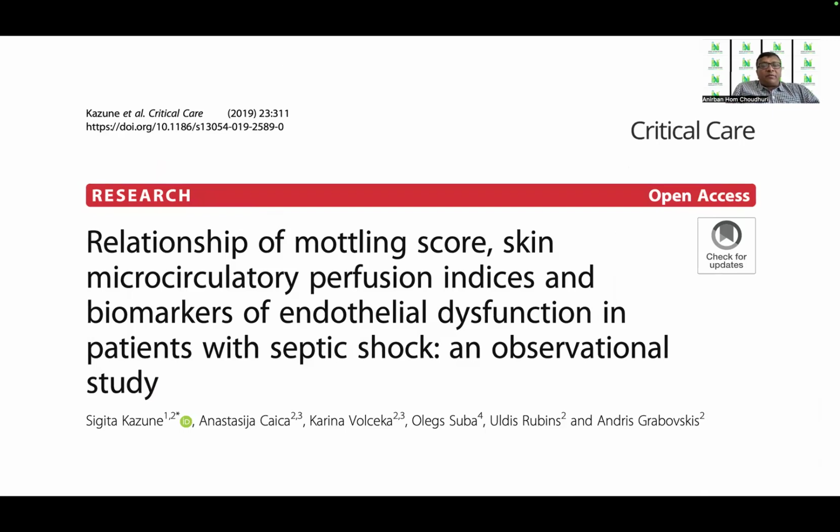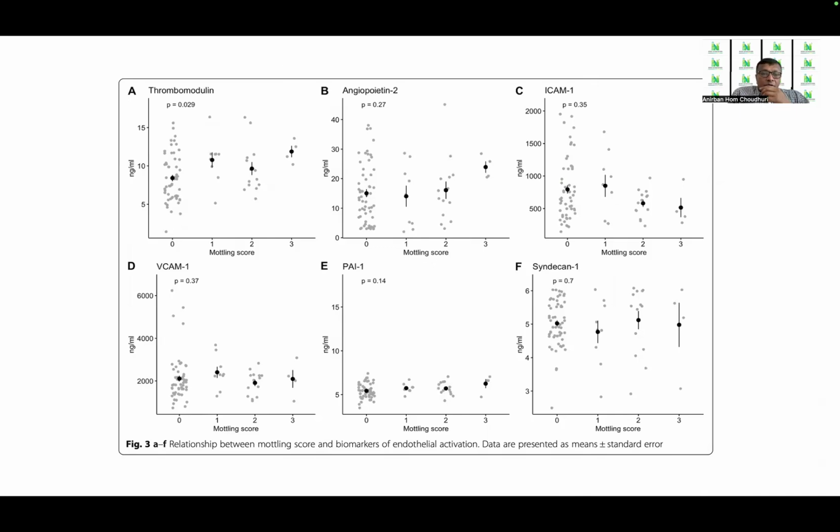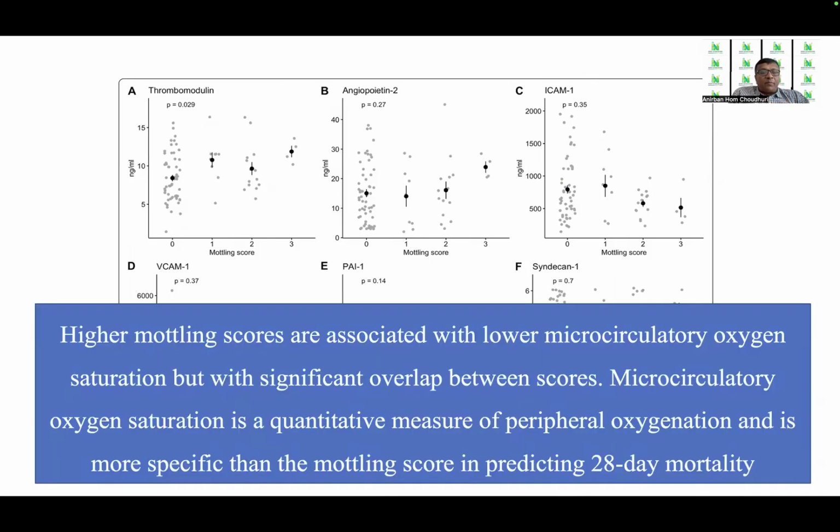Now, another study was published by Kazune in Critical Care in 2019 to see the relationship of mottling score, skin circulatory perfusion indices, and biomarkers of endothelial dysfunction in patients with septic shock. And here also, they could closely relate that higher mottling scores were associated with lower microcirculatory oxygen saturation, but with significant overlap between the scores.